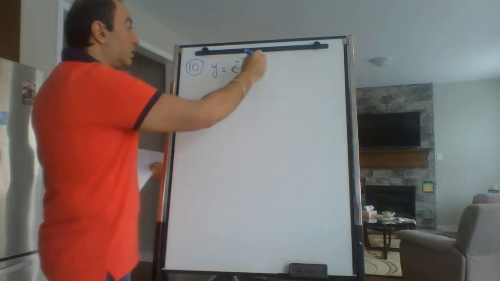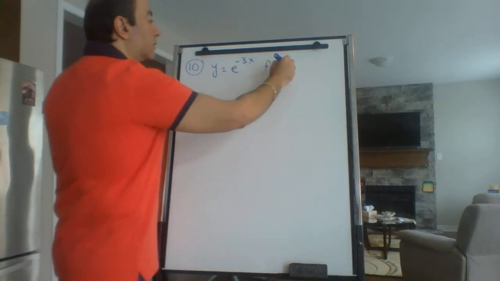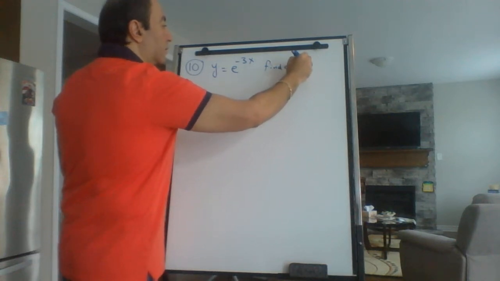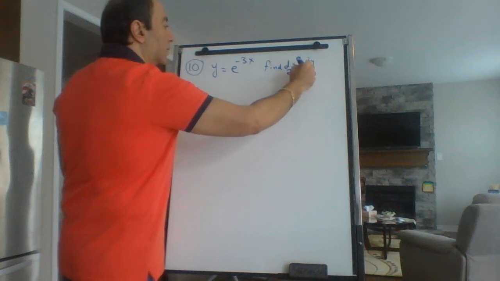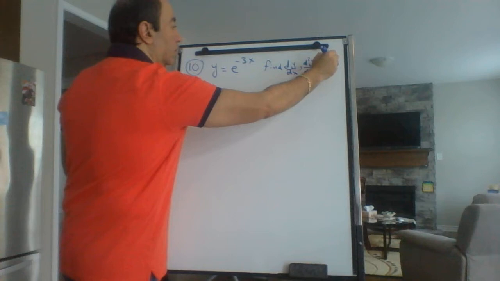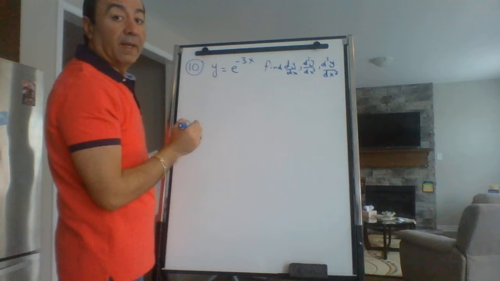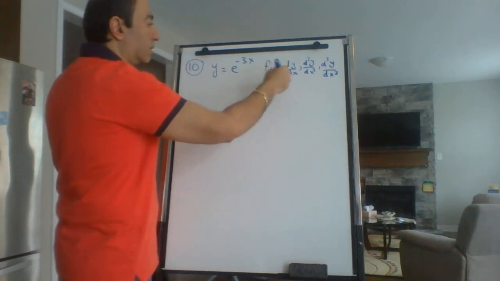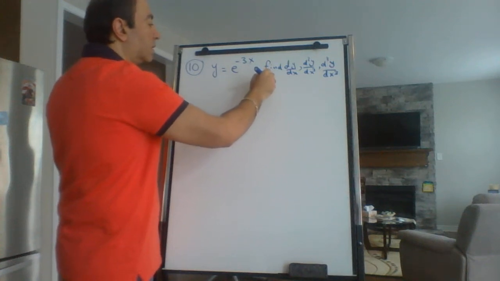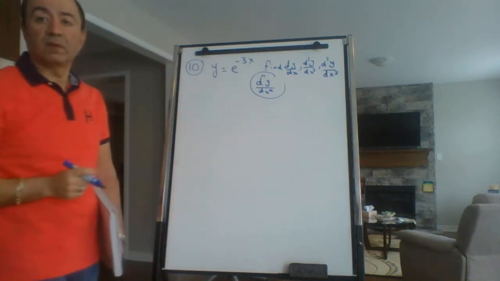We need to find dy by dx, d squared y by dx squared, and d cubed y by dx cubed, and use this. You will find the pattern, and from there you're going to get the nth derivative, d^n y over dx^n, of this function.